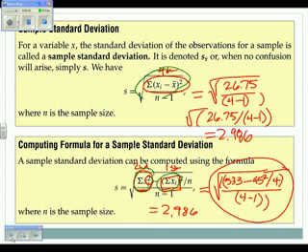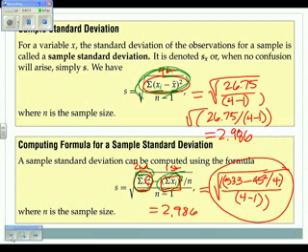But for the top one, we have to figure out what x bar is, and then we have to subtract x bar from each of the x values, and then we have to square that. So actually getting this column, this fourth column, is more complicated than getting the first column, which is really given to us, and getting the second column, which is simply squaring each of those values.